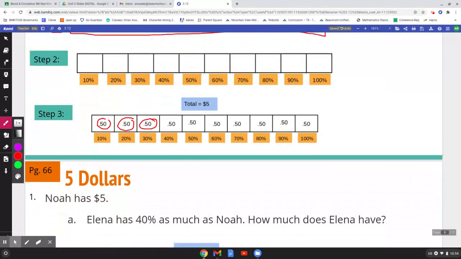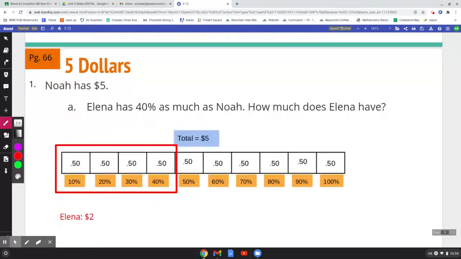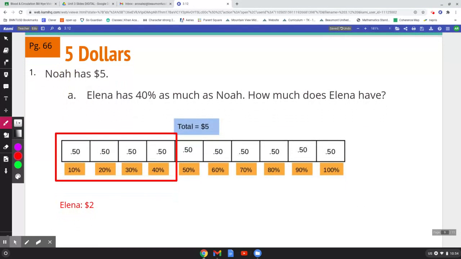Okay, so once you're done with that, you pretty much have what I have on my screen right now. Well, we only care about 40%, right? So now that we've done the full 100, now we're going to answer the question. So Elena has 40% as much as Noah.